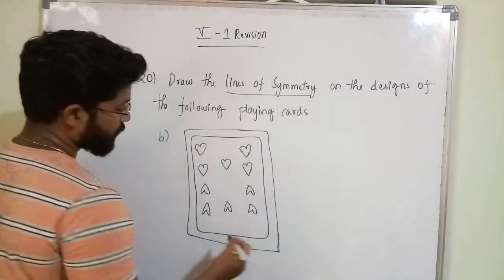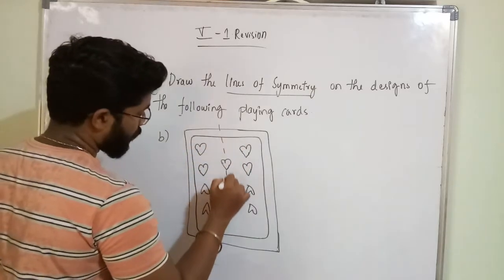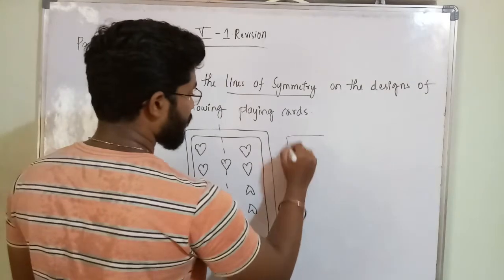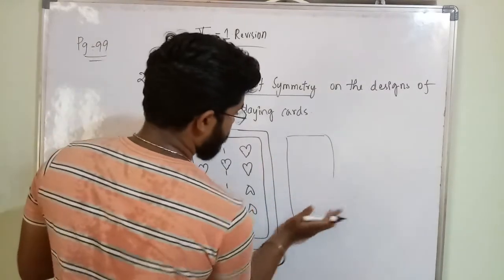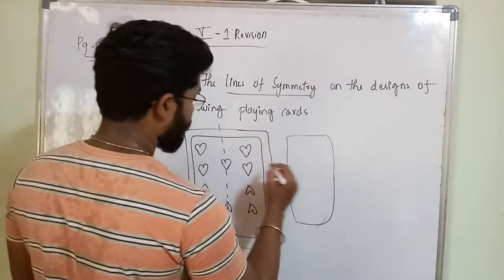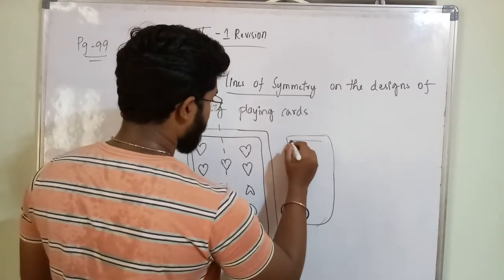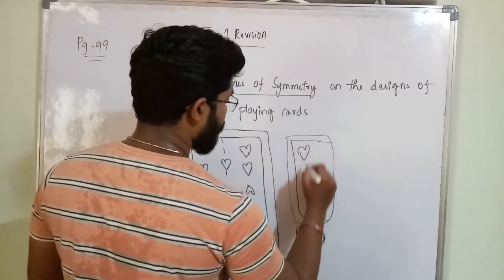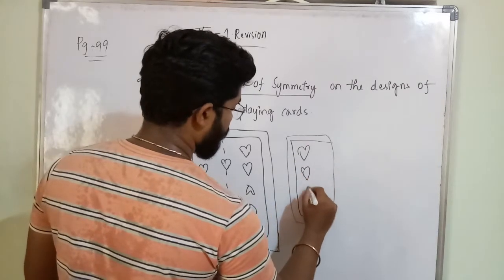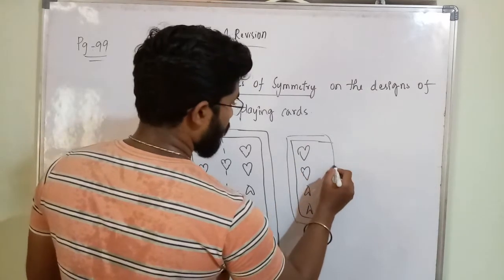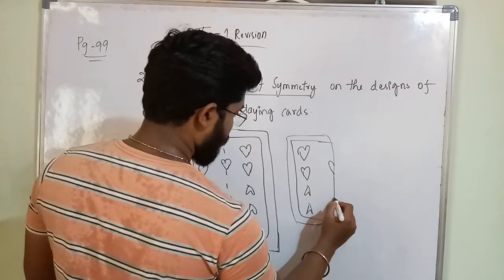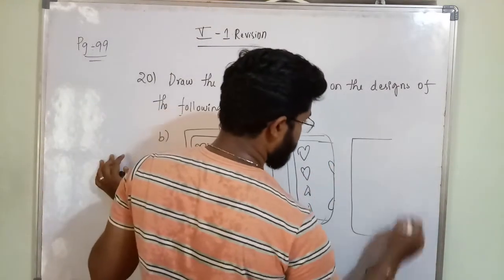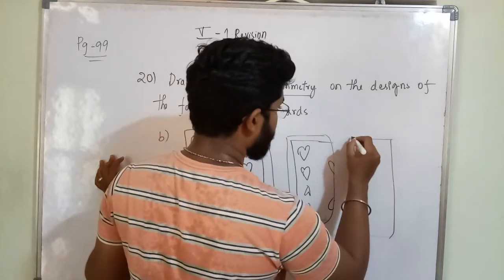So this is the figure. We can divide it vertically. If we divide it vertically, we will get two pieces like this. This is one piece and this will be another piece. Two equal parts.